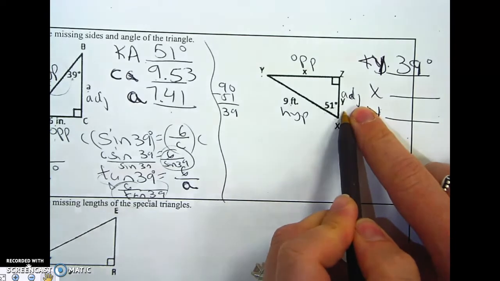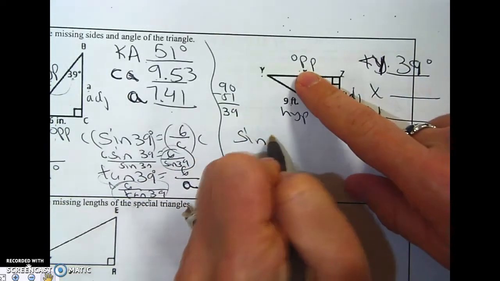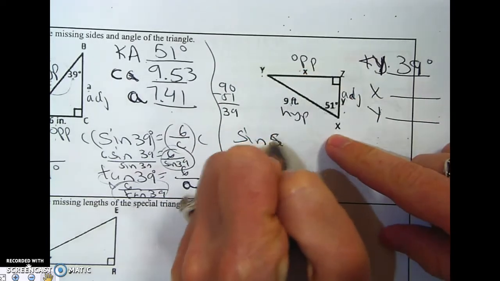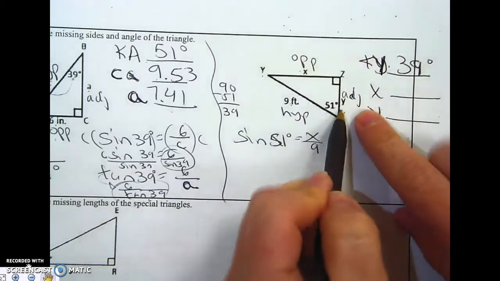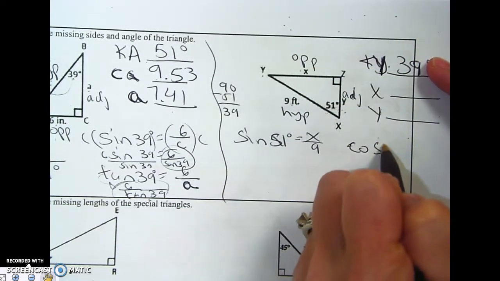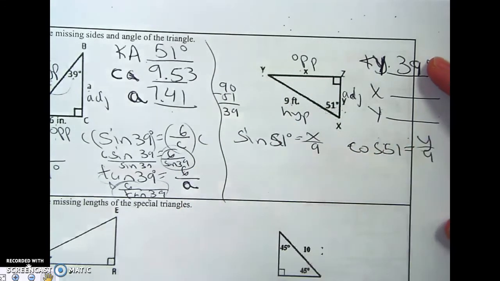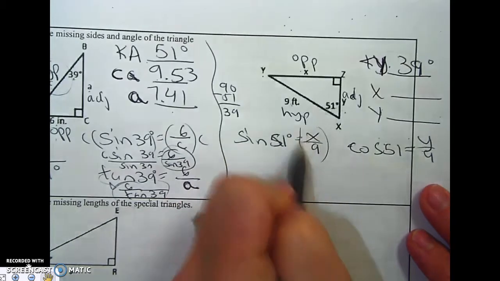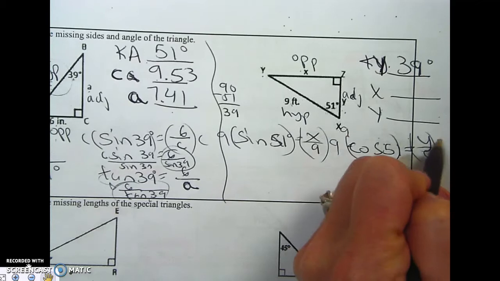So I'm going to find sine first. Sine of 51 equals x over 9. Then I'm going to do the adjacent one, which is cosine of 51 degrees equals y over 9. This one's actually easier than the previous because all I have to do is multiply by 9 on both sides.